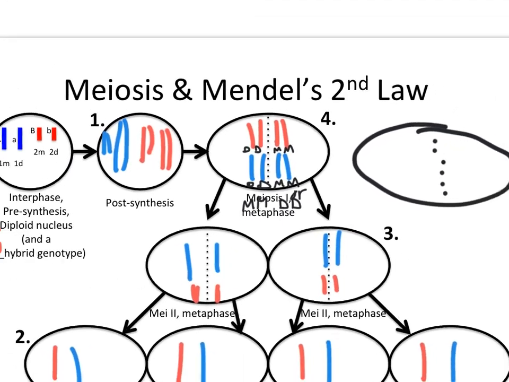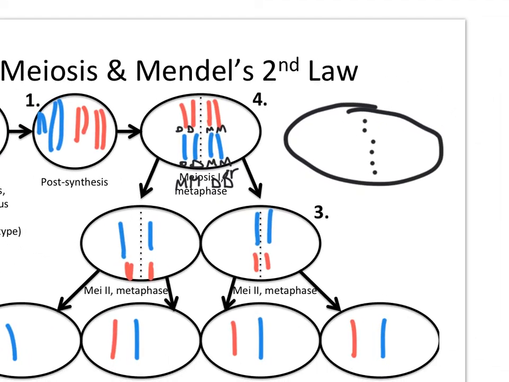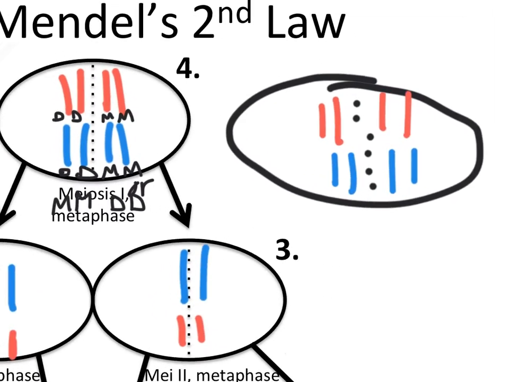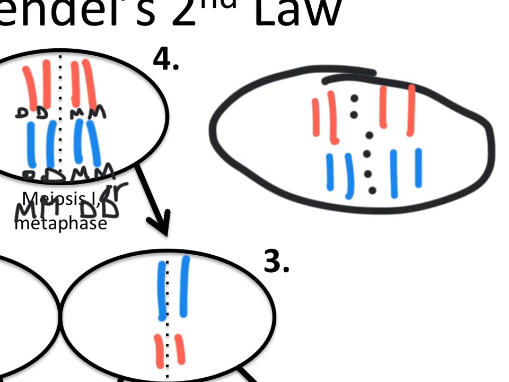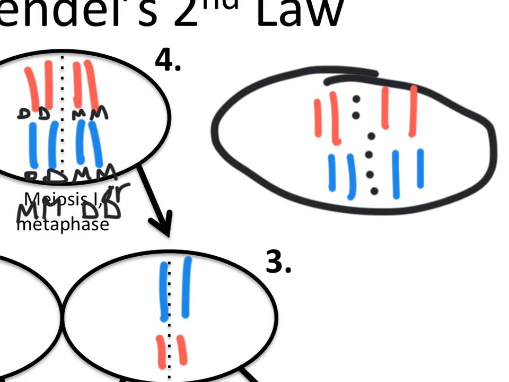In other words, the other thing you could have written is this. You could have had dad, dad, mom, mom, and you could have had the D's over there and the M's over there.